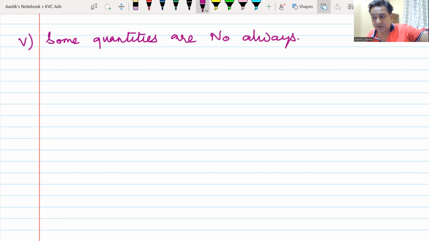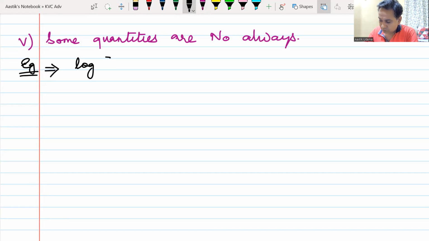These quantities are going to appear in your physics class, and those quantities are always numbers. Example, log of, let us say, x square plus 2x.